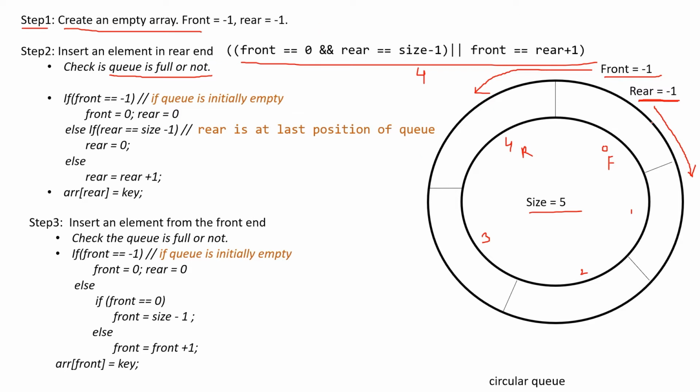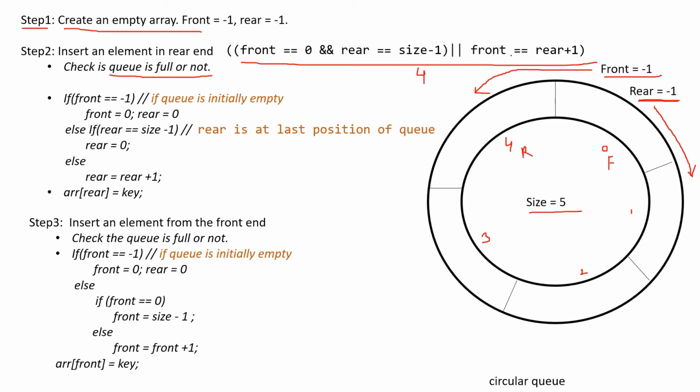If my front is pointing to 0 and my rear is pointing to 4, the queue is full, because the rear has reached 4 by filling all these indexes. It started from 0, filled 1, 2, 3 and then reached 4, right? Now if this condition is true, it means that the queue is full.